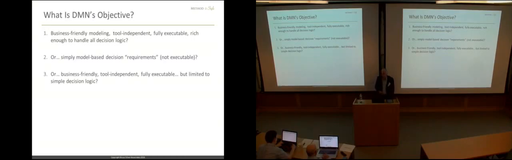We should allow business users to create executable decision logic in addition to requirements. But, hey, they're business users, so that decision logic has to be really simple. So we will restrict the decision logic that they can create to basically very simple decision tables.